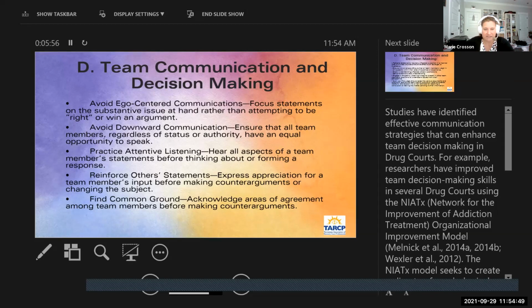When you are listening to another person's point of view, instead of thinking about what you're going to say next or about when it's your turn, listen to what it is that they're saying. Express appreciation, even if you disagree with somebody, for the fact that they put it out there, okay? And then you let them know why you disagree with them.